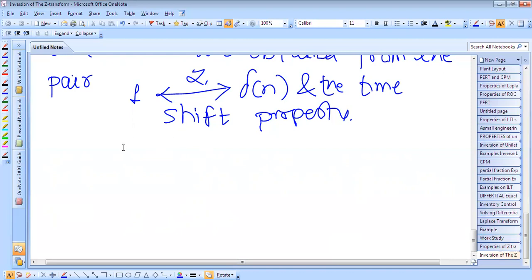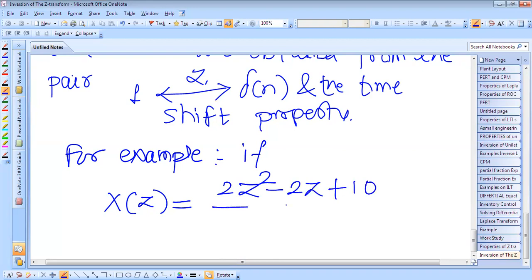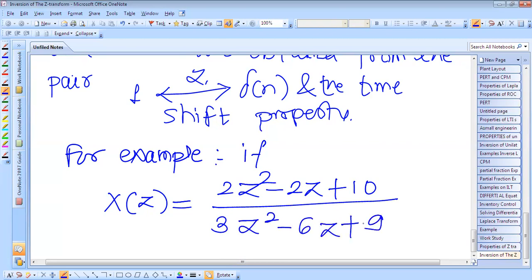So let us consider, for example, if X(z) is equal to 2z squared minus 2z plus 10 divided by 3z squared minus 6z plus 9.